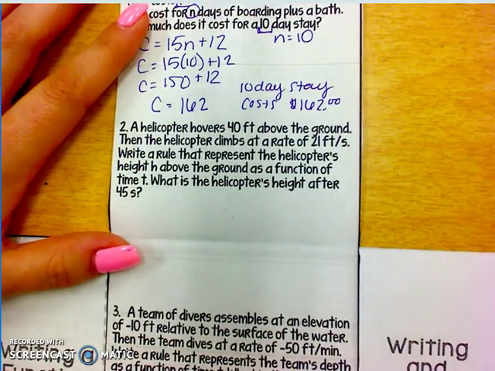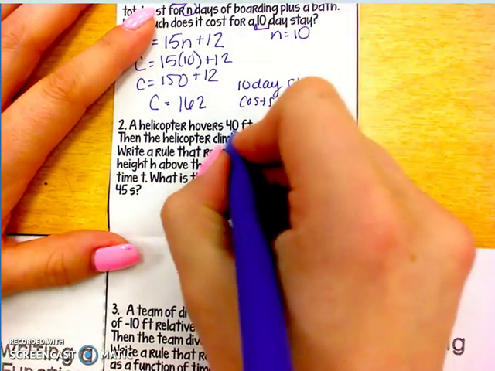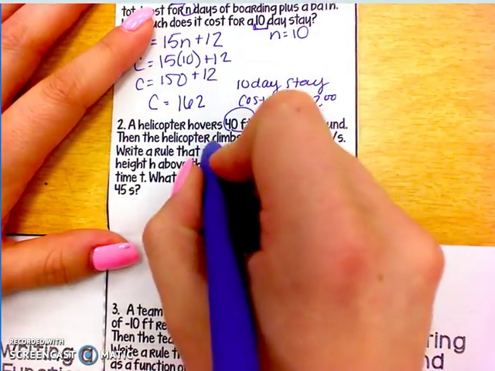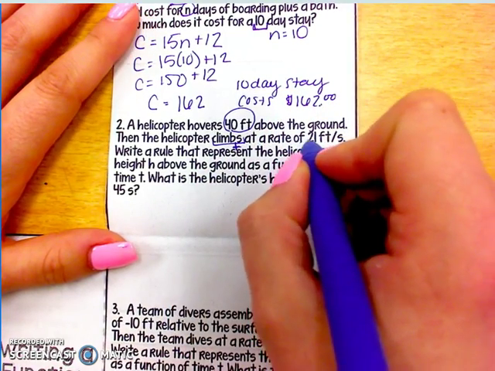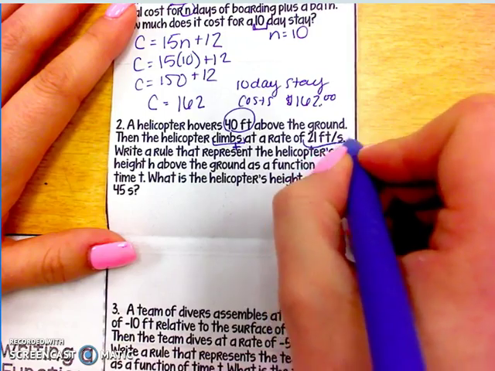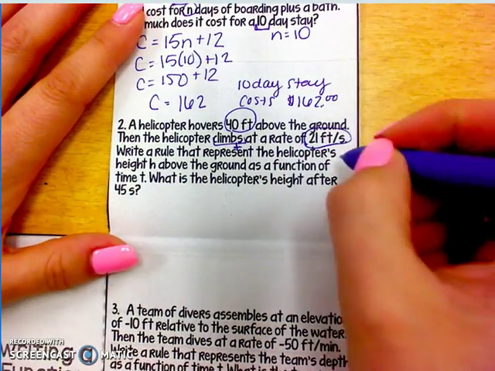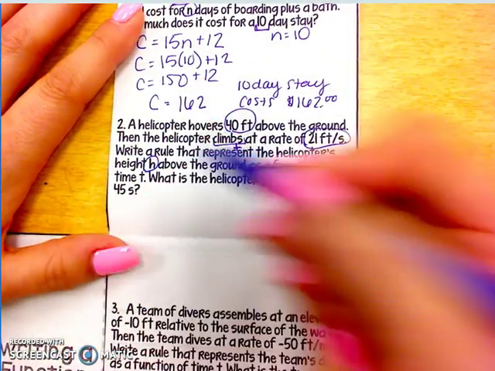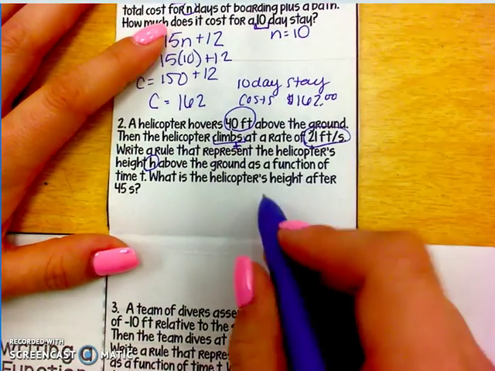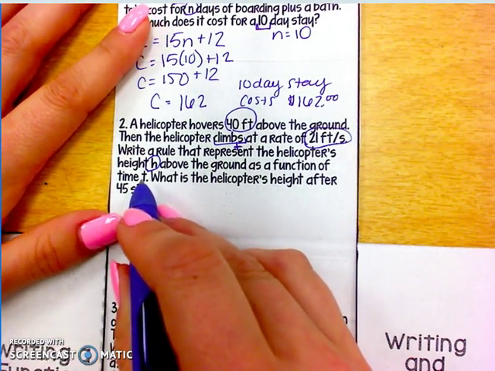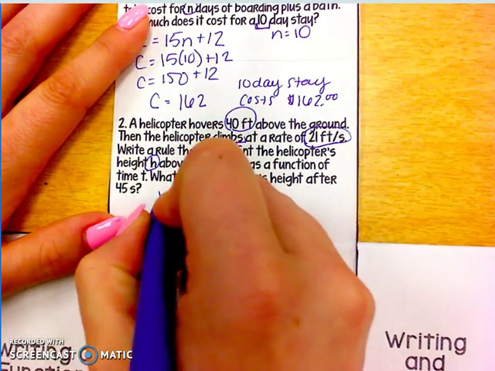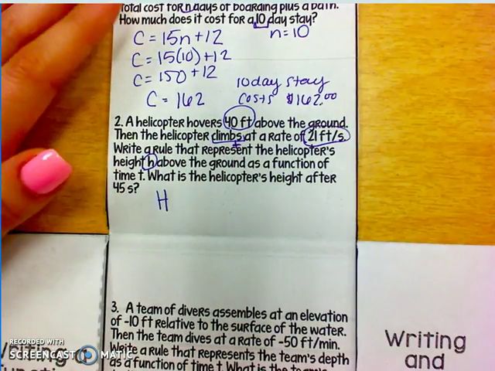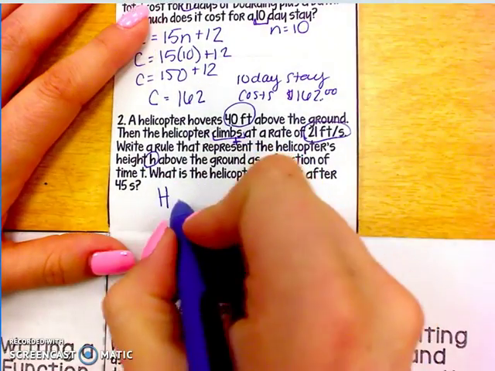2, a helicopter hovers 40 feet above the ground. The helicopter climbs, that's increasing, at a rate of 21 feet per second. Write the rule to represent the height, or h, above the ground as a function of t, time. So the height is what I want to know based on the t, or the time.